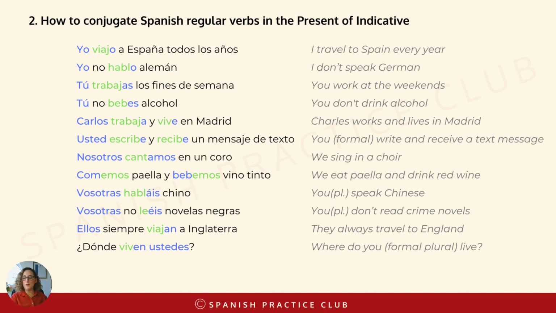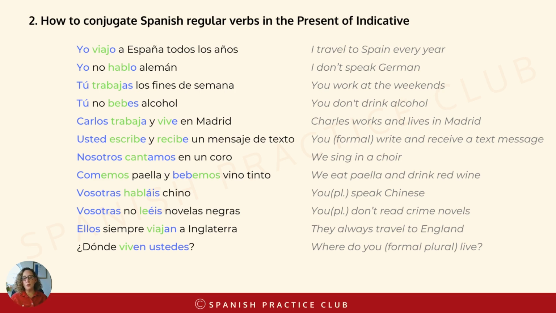You can see that, for example, in the first sentence, if we take I travel to Spain every year, we've got the subject, I, the verb, travel, and then the complement, to Spain every year. The complement can be just about anything. And we will dig into that topic much farther in next lessons. But for now, we're just going to stay there and see how it works all together. And this is how you can start building up on your speaking skills in the Spanish language.